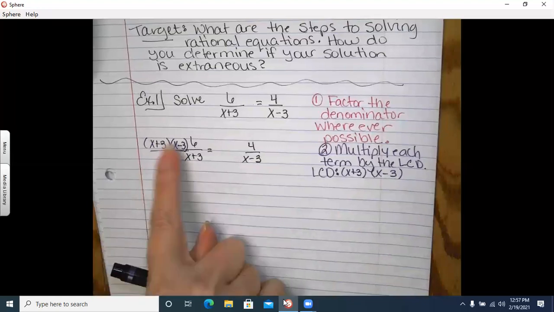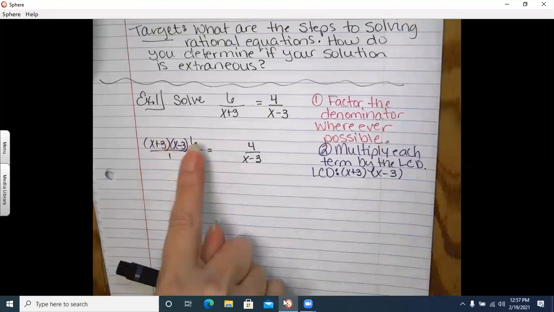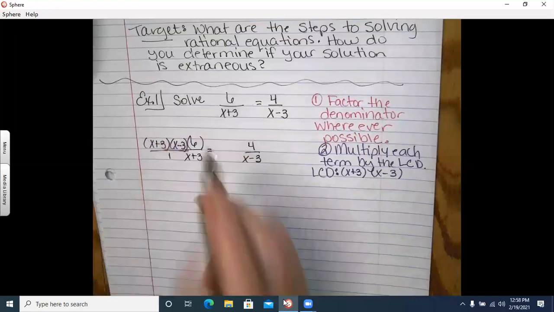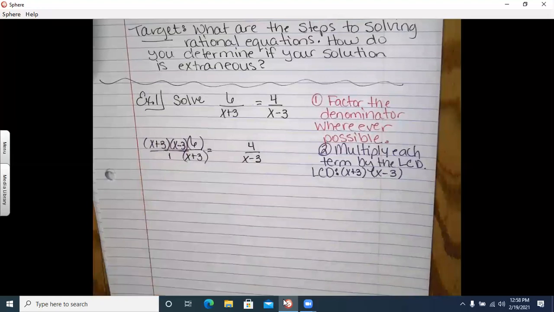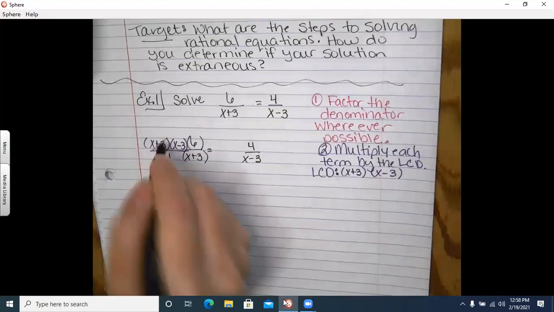X plus 3, x minus 3 times 6, that's all in the numerator. 1 times x plus 3 is in the denominator. Are there any factors that are identical in the numerator and denominator that I could cancel? Yeah, x plus 3 divided by x plus 3 is 1.